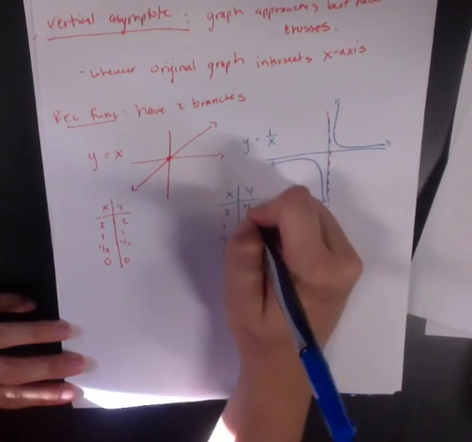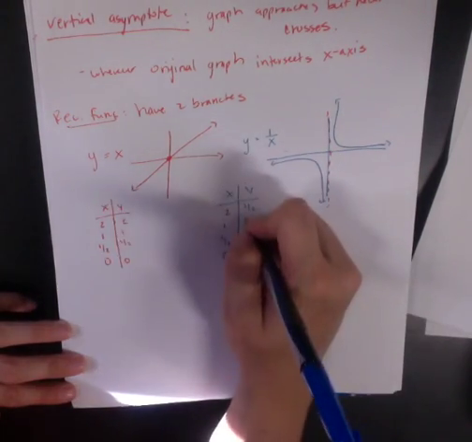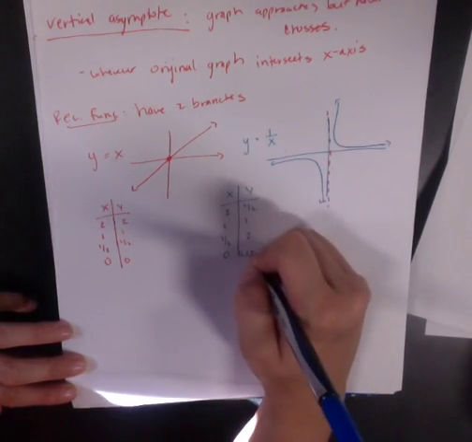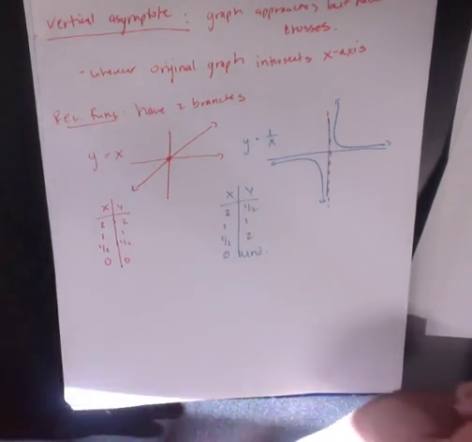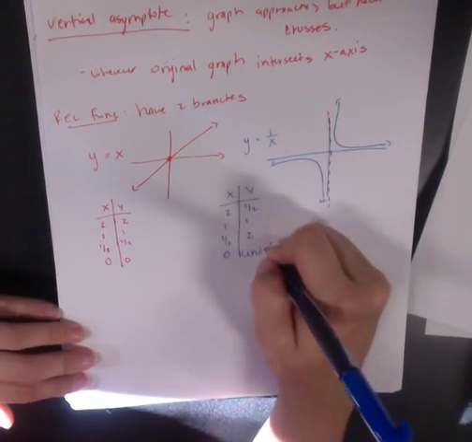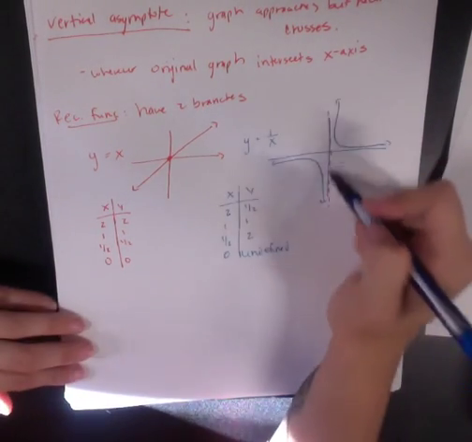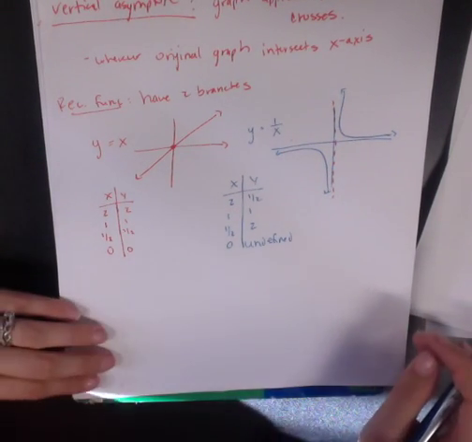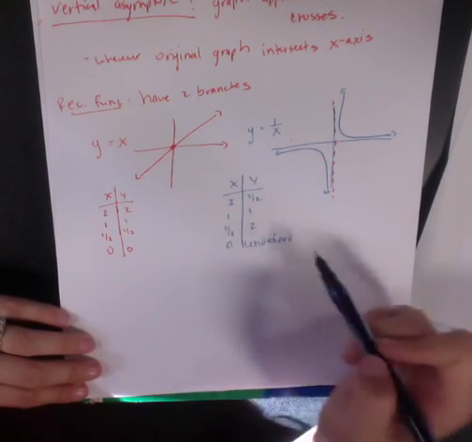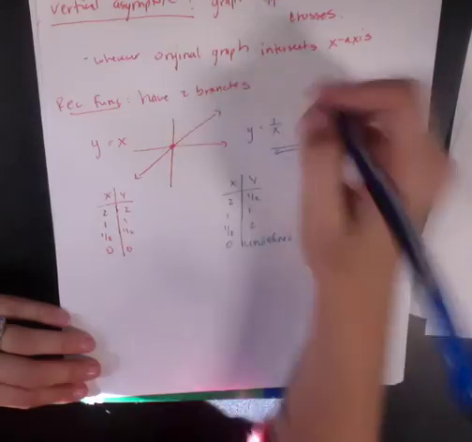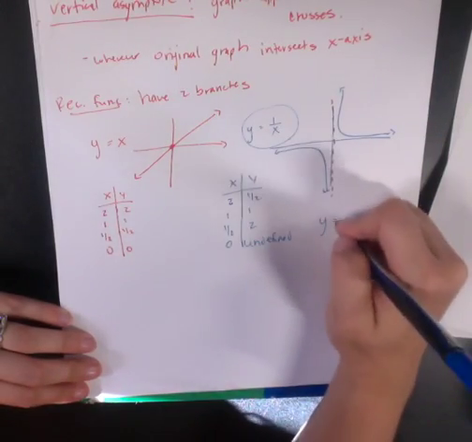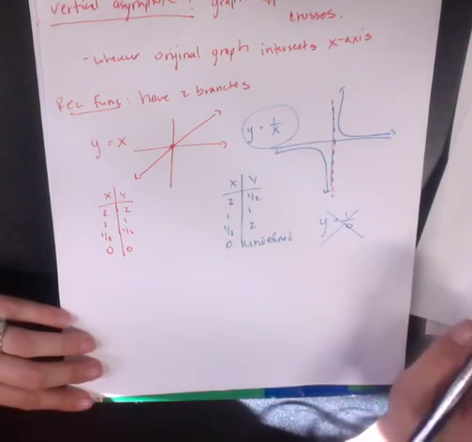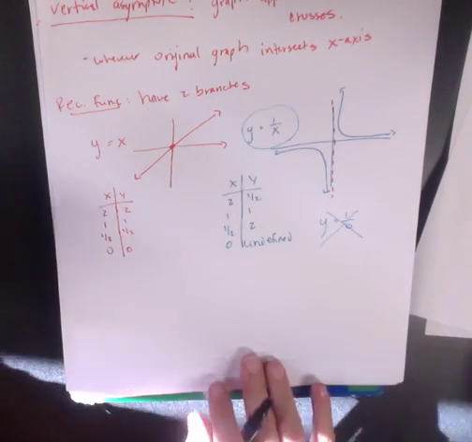So the reciprocal of 2 is 1/2. The reciprocal of 1 is 1. The reciprocal of 1/2 is 2. And 0, we say it is undefined. And it's undefined because that's where my asymptote is. My asymptote is at 0, therefore I can't have a value here. And we know that's true because we cannot divide by 0. That's not a thing. Okay?